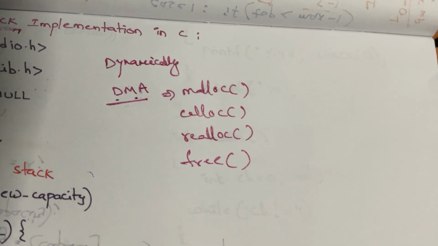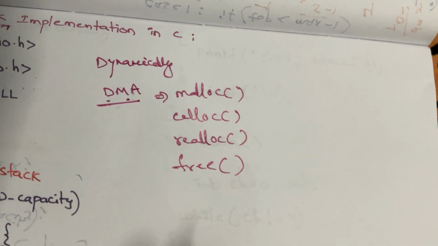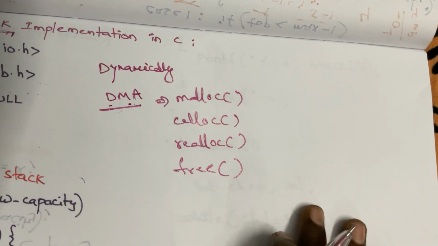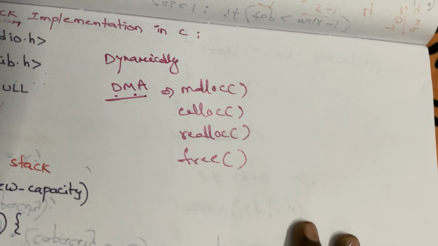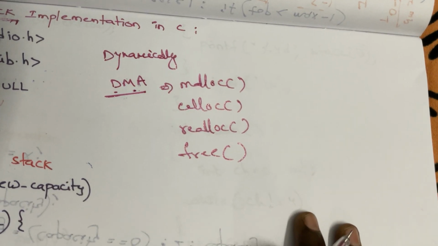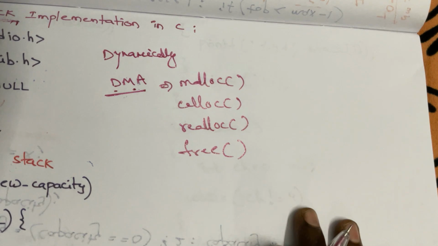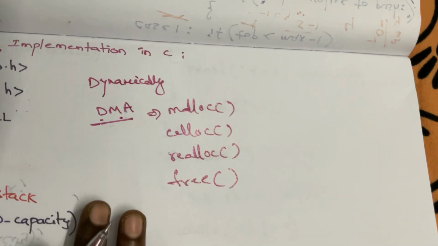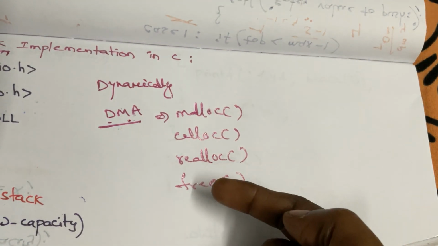So what does dynamically mean? If the user wants to insert two elements, then only at that particular time will memory get created for two elements. If he wants to create 5 elements, then memory will get created for that. That is what dynamic means. Now we have a great difference between the last program and this program.